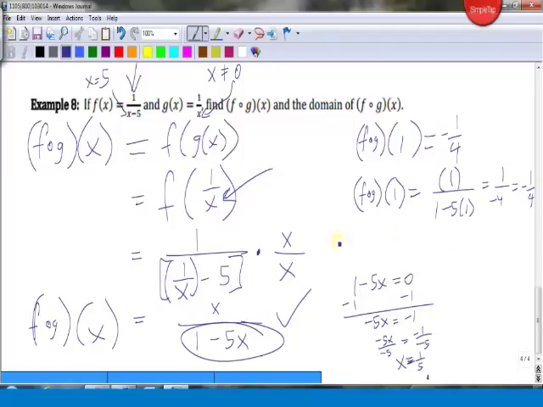So the domain of f composed with g is everything between negative infinity and 0, everything between 0 and 1/5, and everything between 1/5 and positive infinity. 0 is bad because g will not accept it, and 1/5 is bad because g turns that into a 5, which f will not accept.